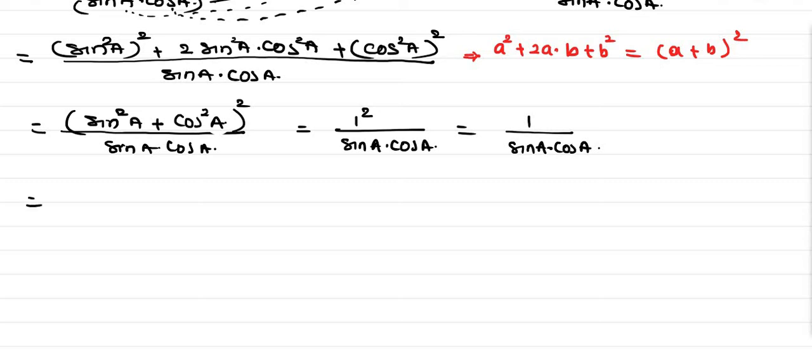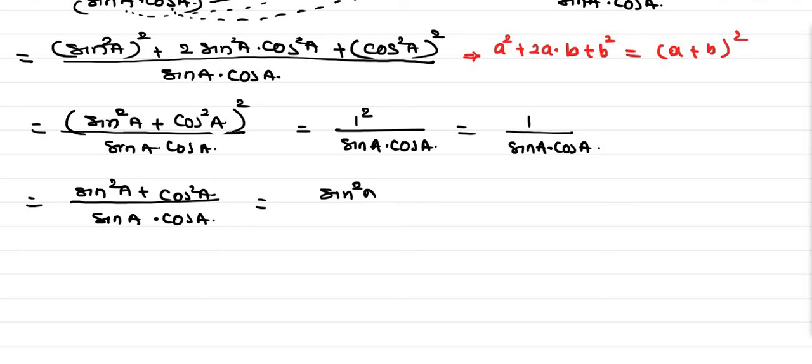Now again using the identity, 1 is sin square a plus cos square a upon sin a into cos a.